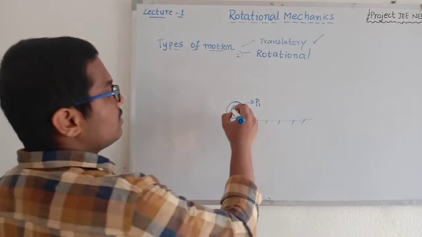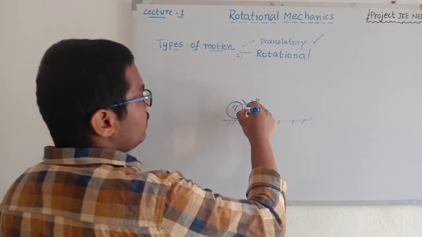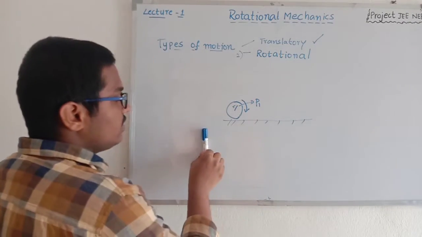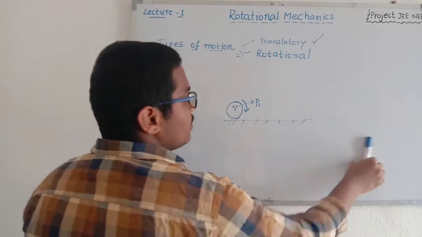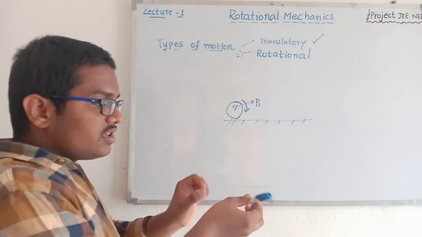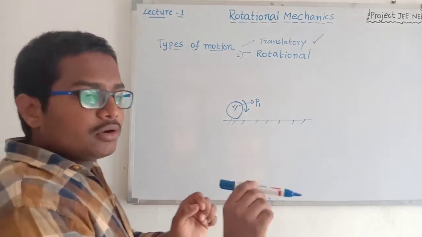Rotational motion means rotating about a particular axis without changing the position of the axis or the position of the whole system, rotating at the fixed point.